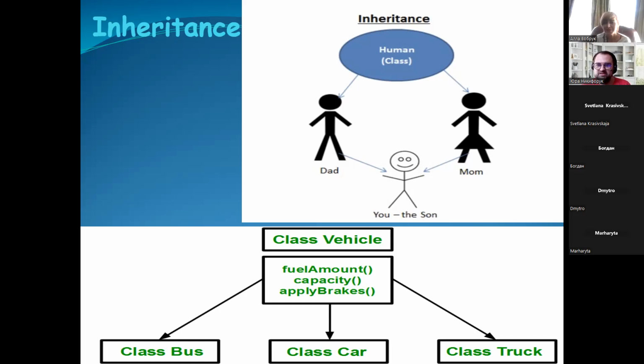And in a second example, if we have some class vehicle, we can create a class with a method, and later we can create a few classes based on this class vehicle. We can create class bus, car, truck, doesn't matter, and so on.